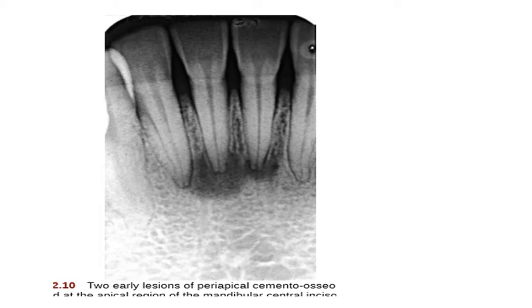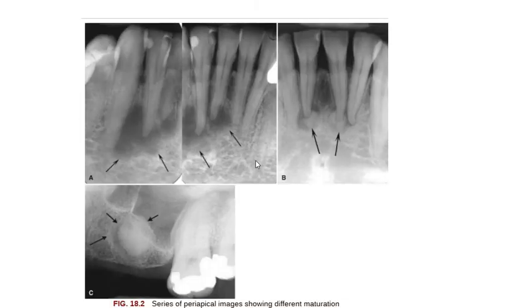Because during the early or radiolucent stage of cemento-osseous dysplasia, as shown on this diagram, and this diagram also shows the early radiolucent stage, the vitality test conducted on the teeth is in almost all cases positive. So they show a vital pulp.